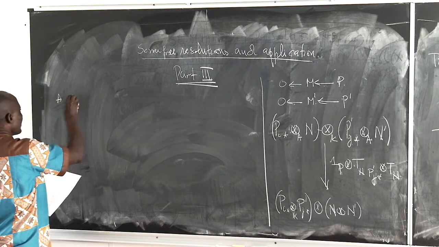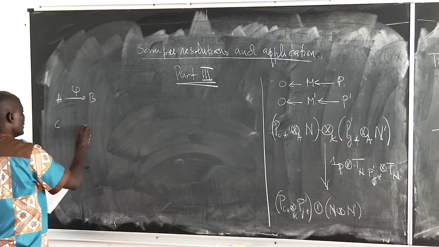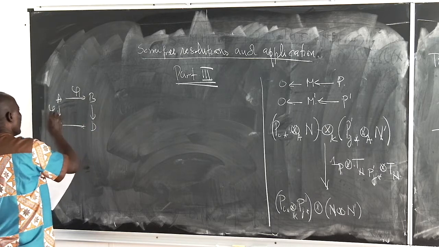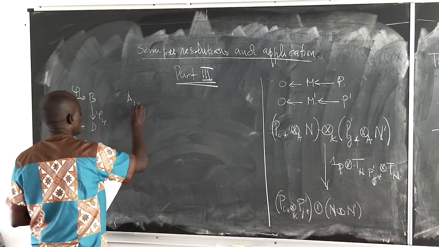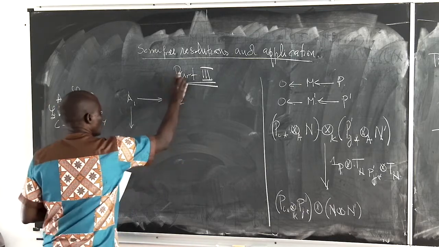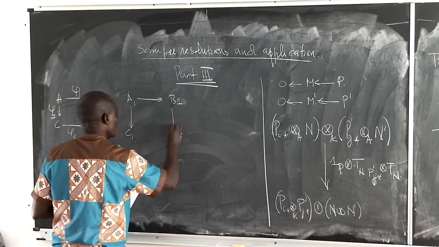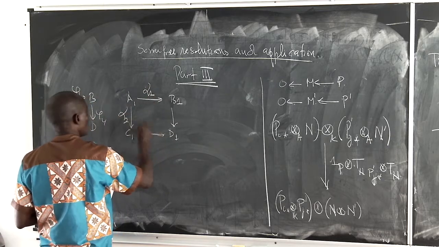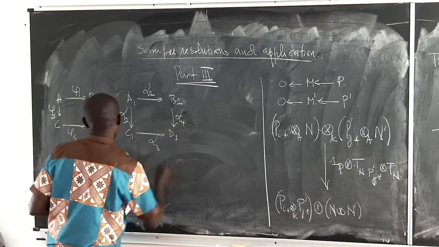that if I have A, B, C, and D here, phi 1, phi 2, phi 3, and phi 4 here, A1, A2, B1, C1, T1. Here we have alpha 1, alpha 2, alpha 3 here, and alpha 4 here.